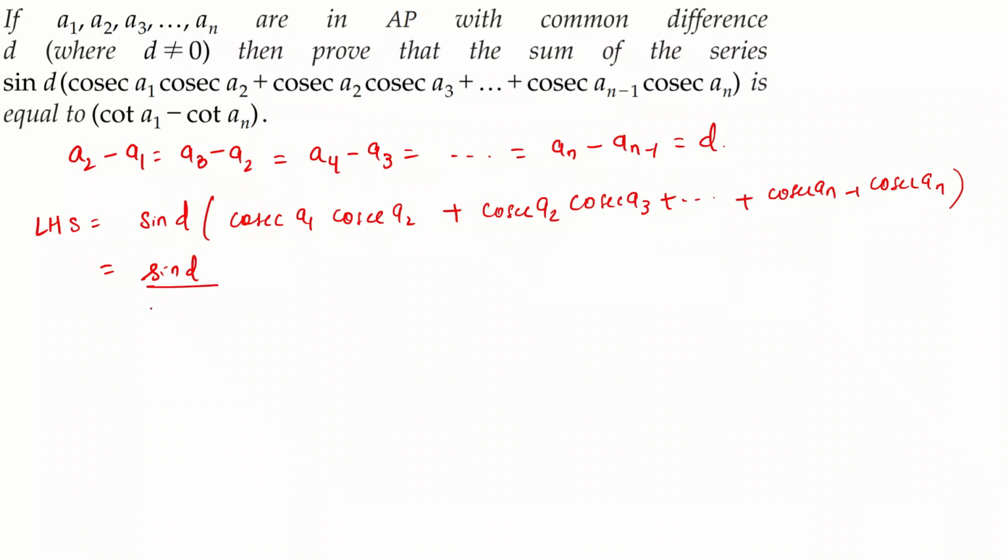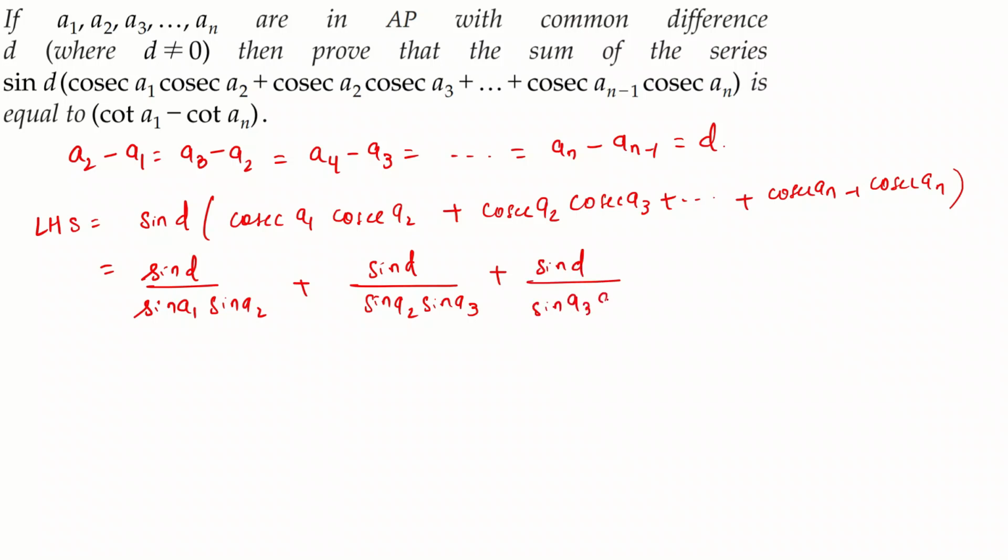So I can write this as sine d by sine a1 sine a2 plus sine d by sine a2 sine a3 plus sine d by sine a3 sine a4 all the way up to sine d by sine a(n-1) sine an.